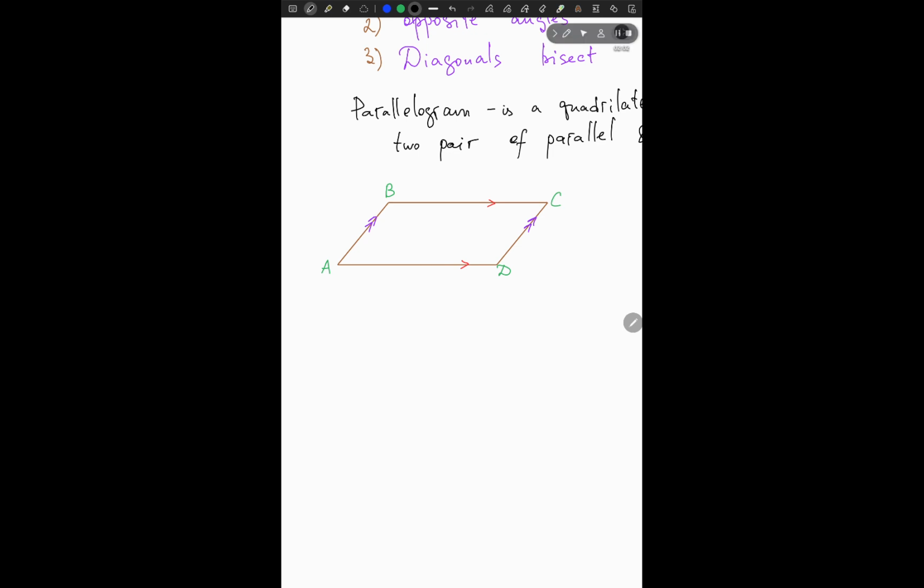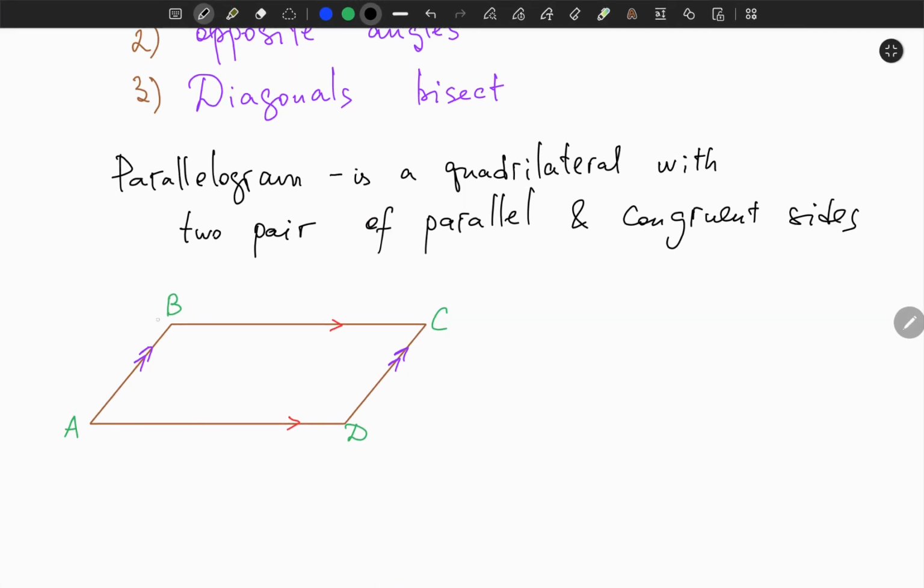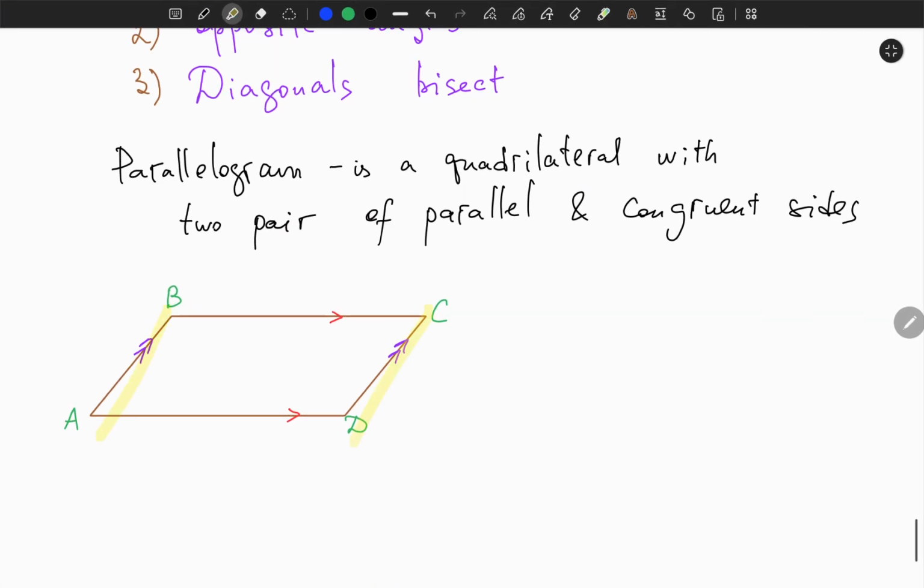What does it mean? These two sides are parallel, AB to CD and BC to AD, but AB is congruent to CD and BC is congruent to AD. BC needs not be congruent with CD. All right.